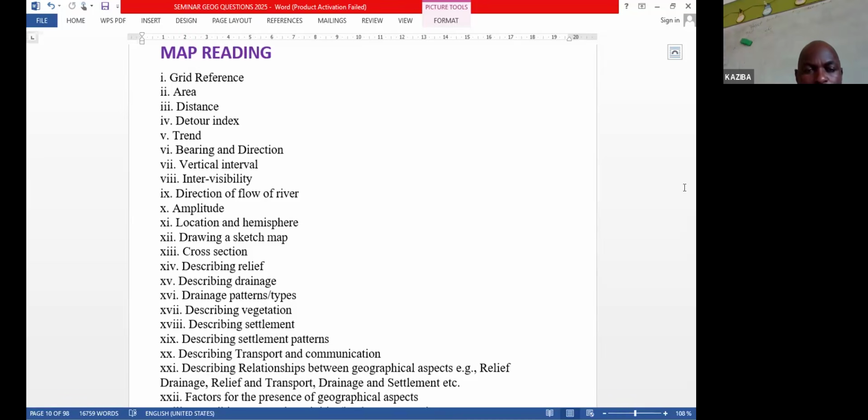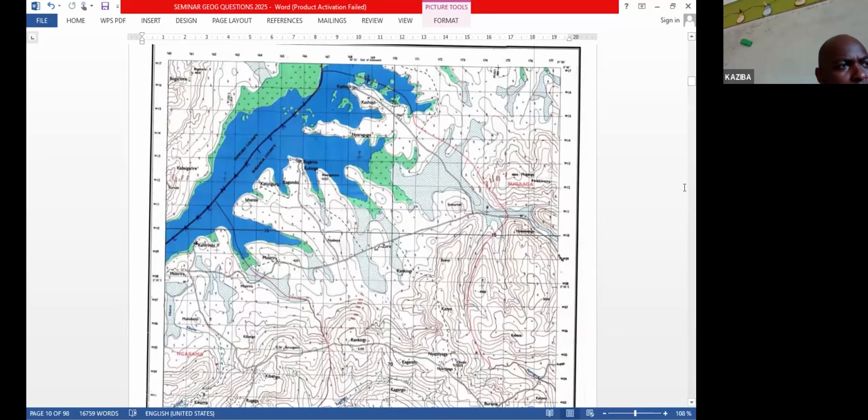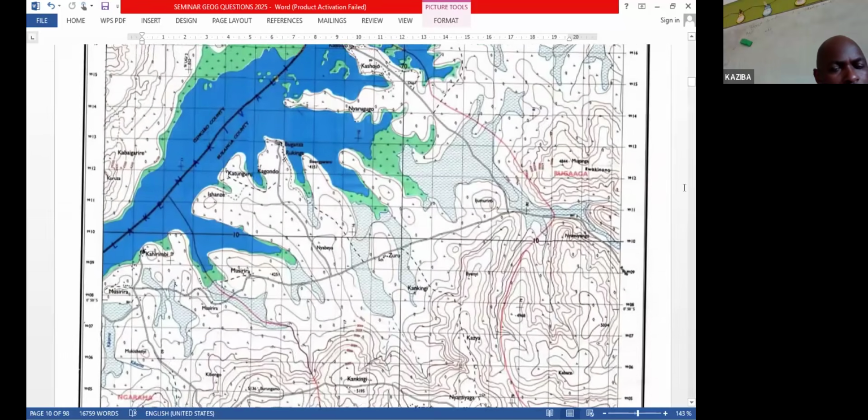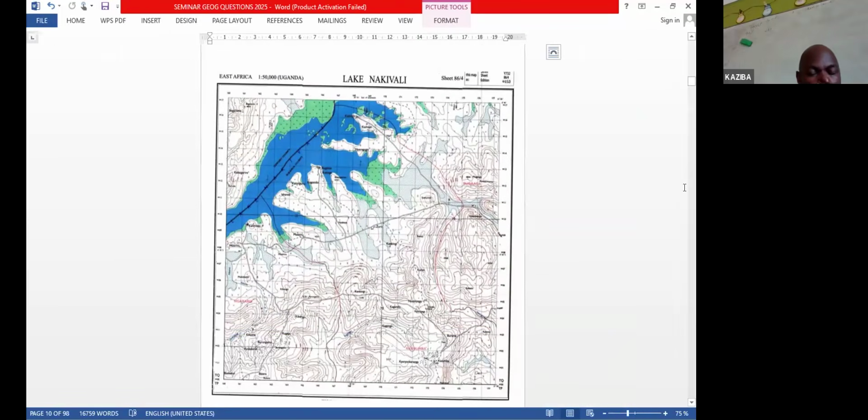Now, we're going to look at how to reduce. When they tell you to reduce by percentage, for example, we have that as our map, and they tell you to reduce it by percentage.